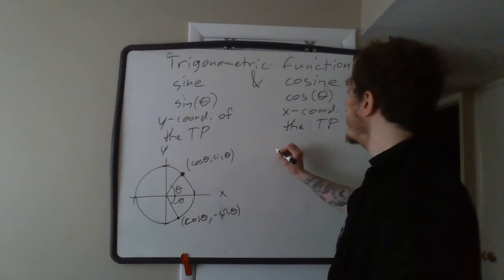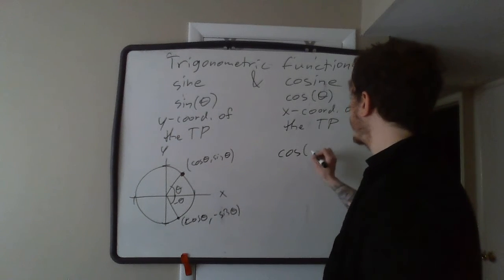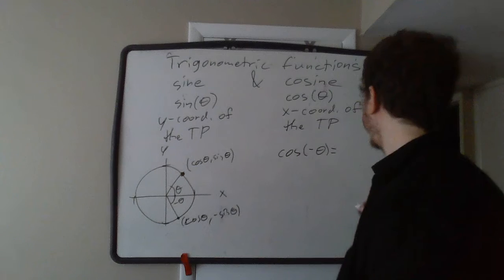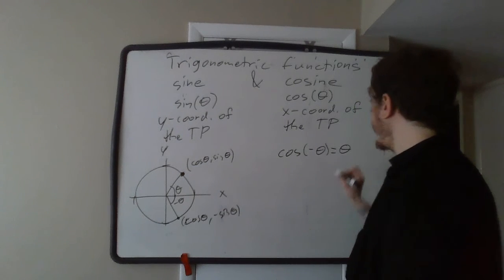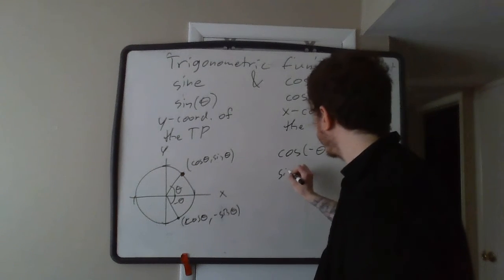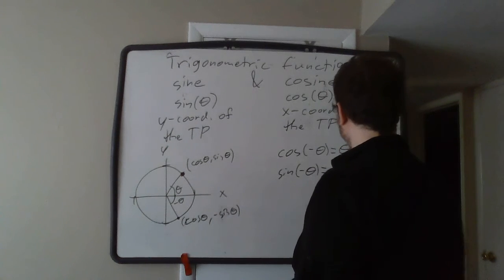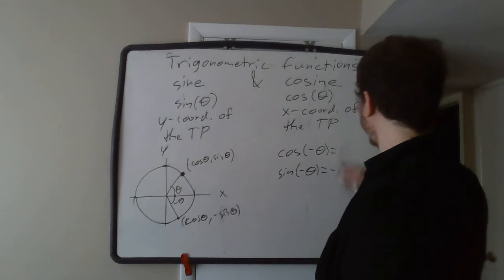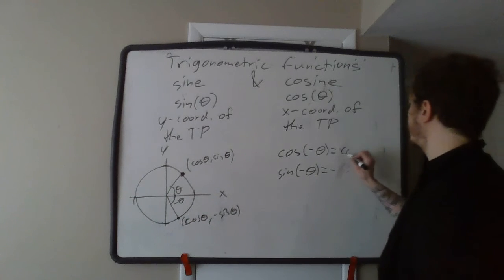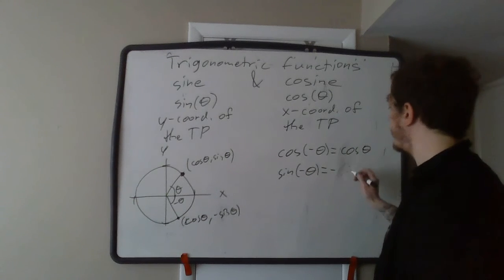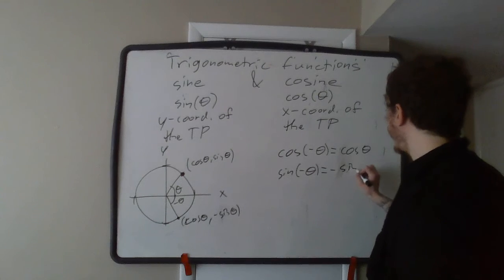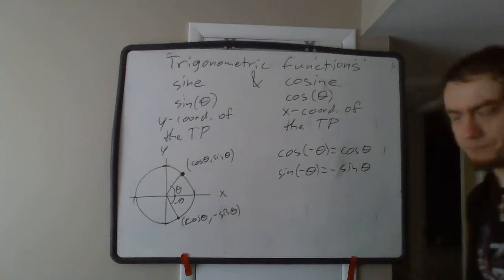So this tells me that the cosine of negative theta is equal to, why did I write theta? No, the cosine of negative theta is equal to the cosine of theta. The sine of negative theta is equal to negative sine of theta.